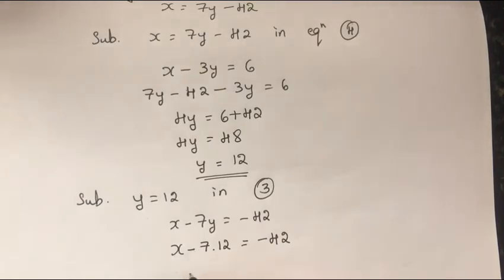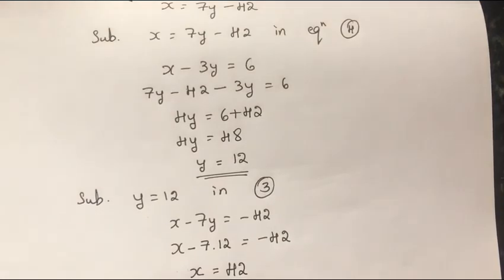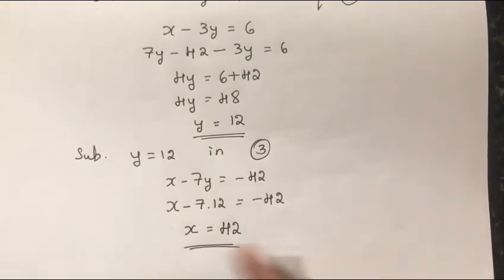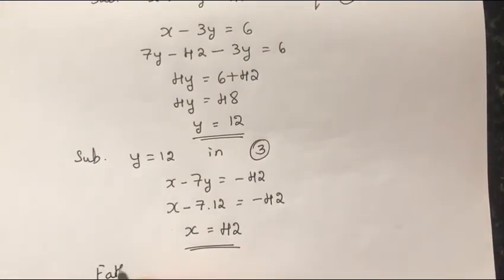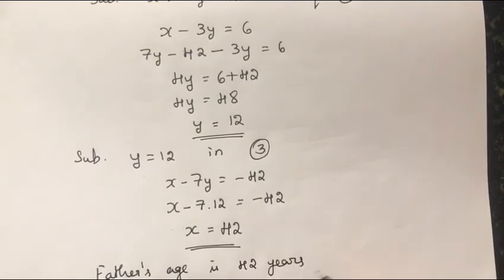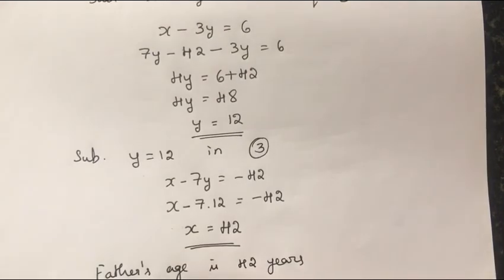So you simplify: x minus 84 equal to minus 42, so x is again 42. So father's age is 42 years and son's age is 12 years.